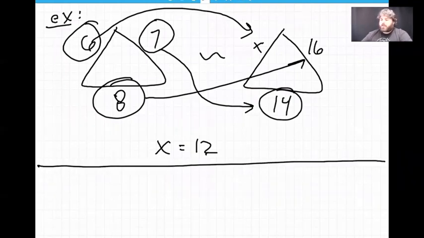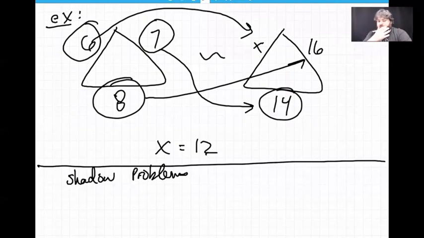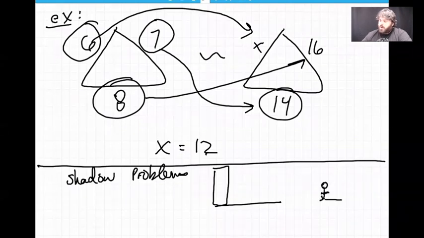Now, scale factor and these kinds of problems come into play a lot. For some reason, they always use an example of a building or a tree or something with a shadow. When you see these shadow problems, we're going to be using this idea of setting up a proportion. You've got a big building that has a shadow, and you're 6 feet tall and you have a shadow. Well, it's similar because it makes a triangle with equal angles. And because we have similar triangles, I can set up proportion problems.